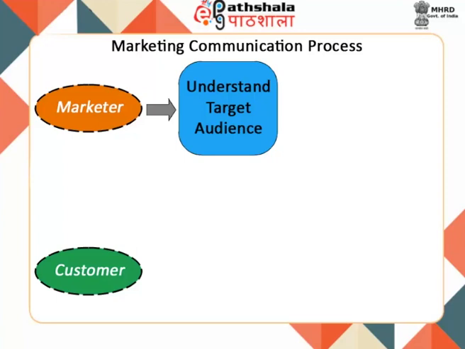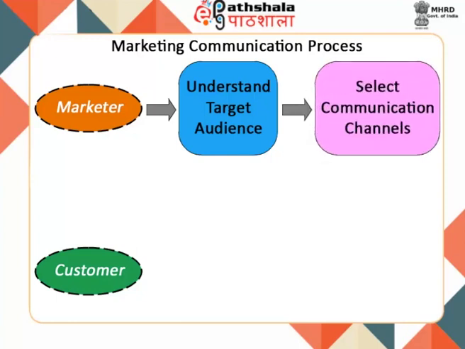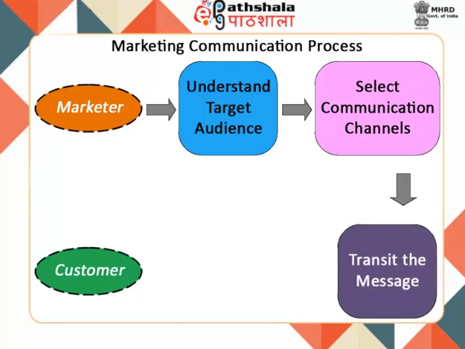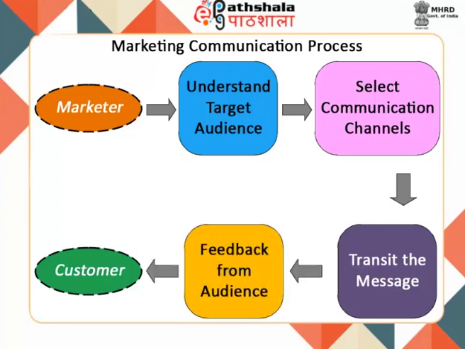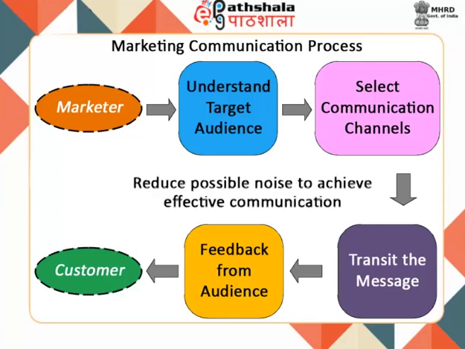Only after deciding on the response he desires from his target audience, which may be a cognitive, affective, or behavioral response, he carefully devises the message and selects the communication channels to transmit his message. Finally, he also needs to develop the feedback channels to obtain the feedback of his audience for further improvements in the message and media strategies. He has to eliminate or reduce the possible disturbing factors or noise to achieve effective communication.